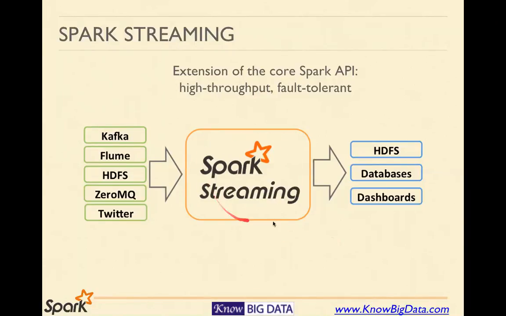Remember, Spark streaming will run in parallel on all the machines. In case one machine goes down that was processing one of the partitions, it will come up again somewhere else. You will get the idea very soon.